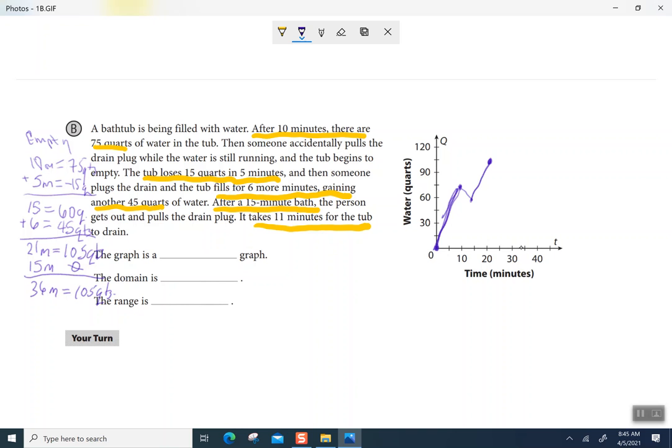So if this is 30, 35, 36 is going to be somewhere right about here. And we should either have a gain or a loss. And then you pull the plug, 11 minutes, takes it to drain too.